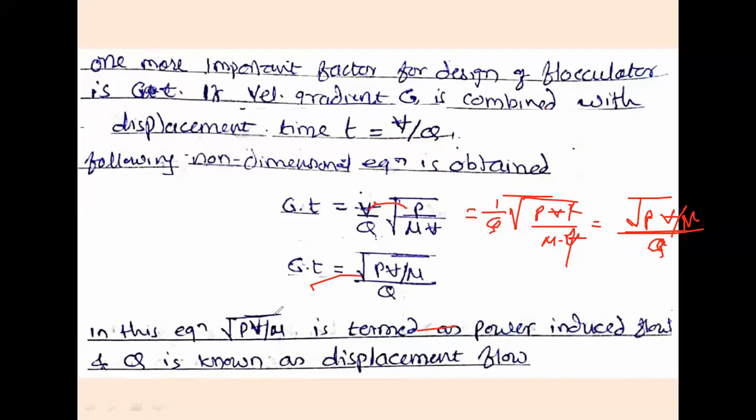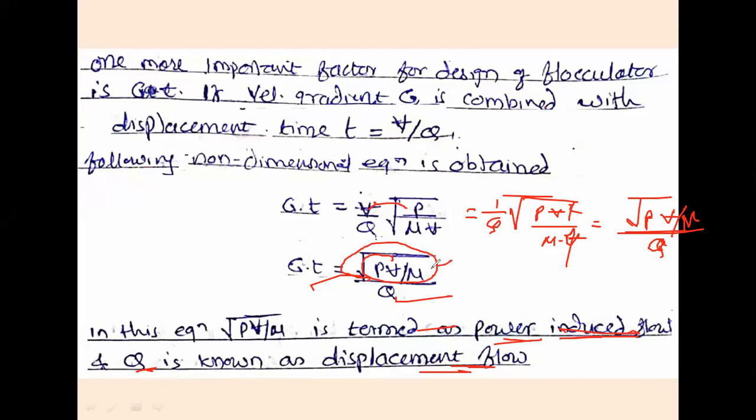In this equation, PV upon mu is termed as power induced flow. And Q is known as displacement flow. This is power induced flow, and this is displacement flow.